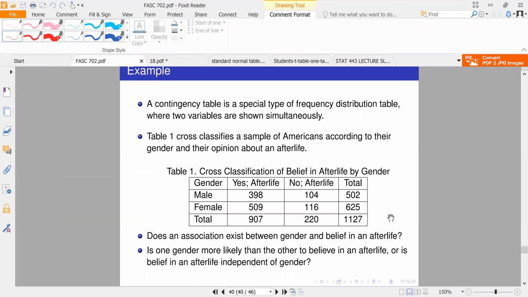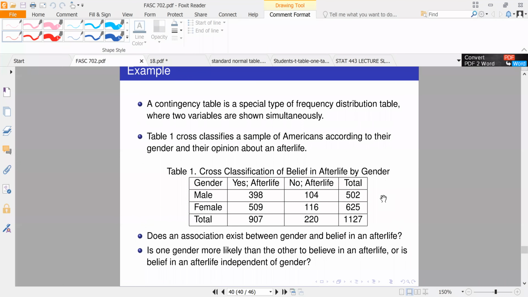Now the question becomes, once you have this contingency table, the question is on the association between gender and belief. Why is it that many females believe in afterlife compared to the number of males?